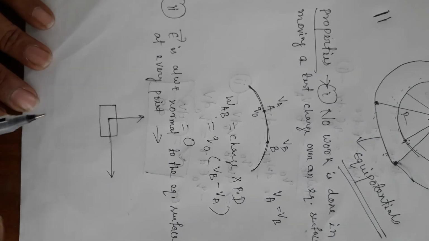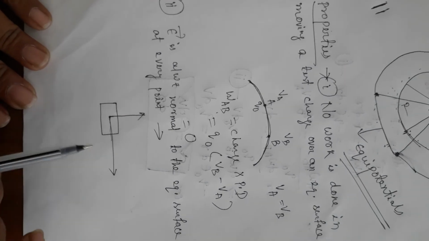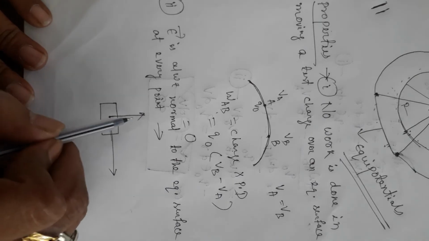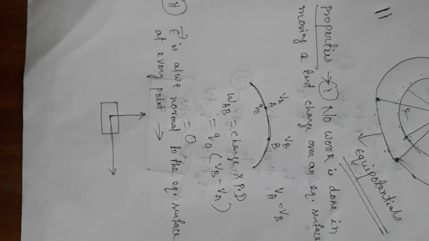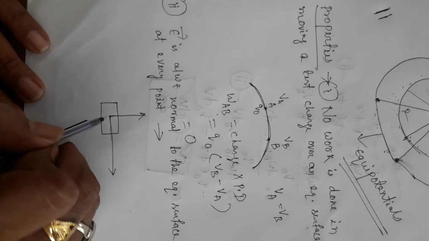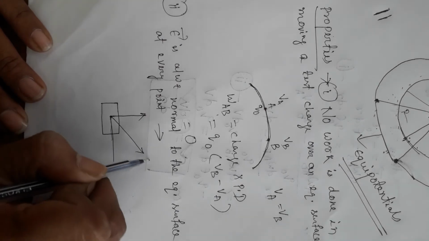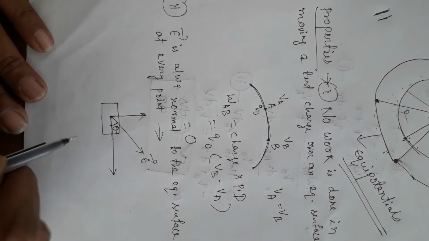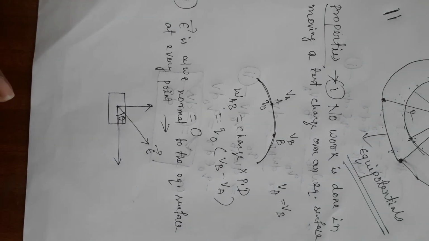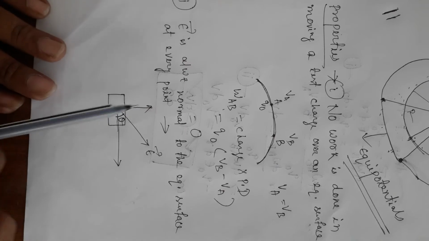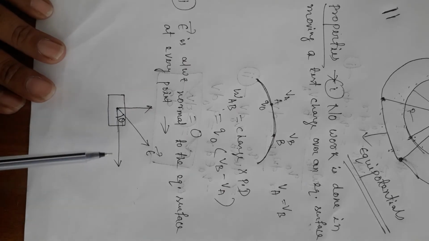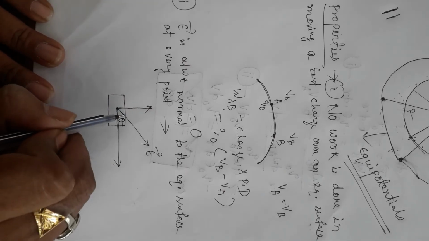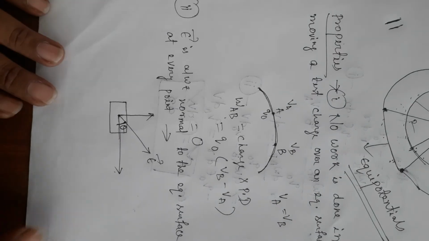But if the field were not normal, then it will make some angle. Suppose this is the direction of the electric field and it makes an angle theta, not 90 degrees, because we have to prove it. So we consider that it is making some angle theta, which may be any angle.